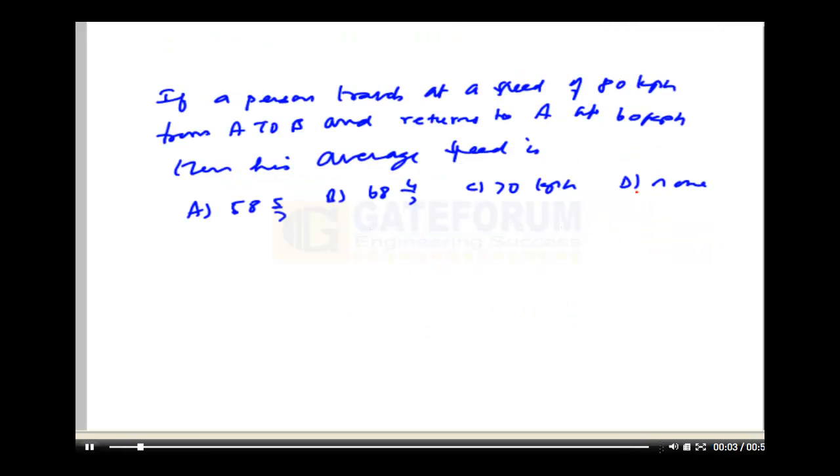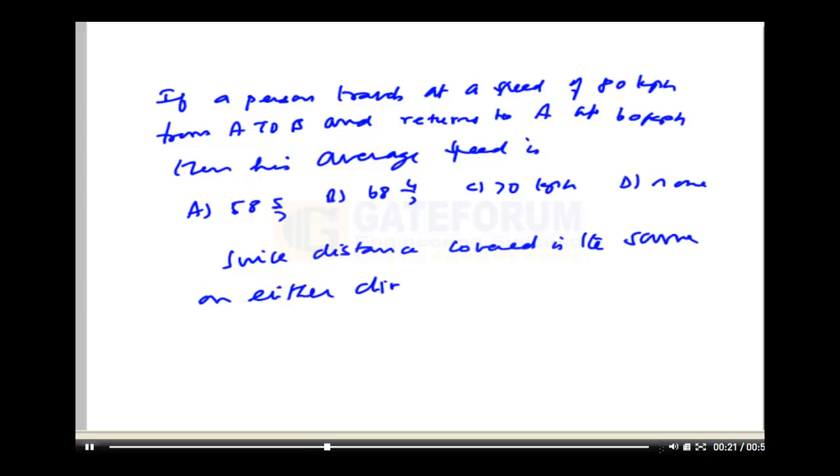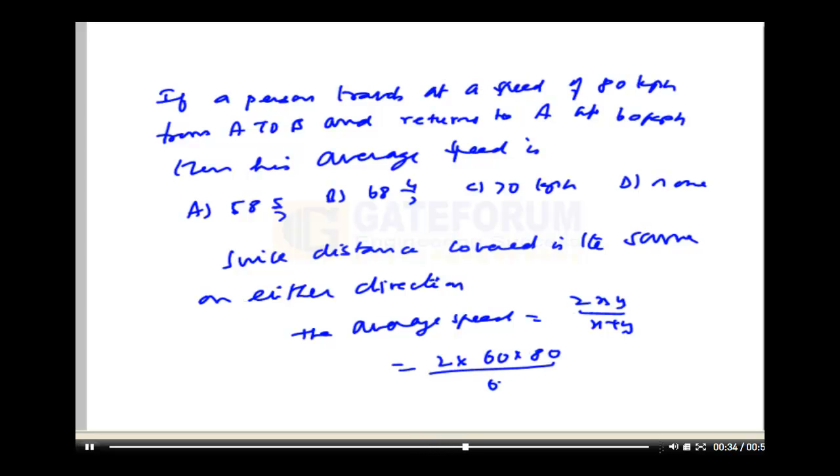If a person travels at a speed of 80 kilometers per hour from A to B, and returns to A at 60 kilometers per hour, then his average speed is? Since distance covered is the same in either direction, the average speed is 2xy by x plus y, where x and y are the speeds in either direction.